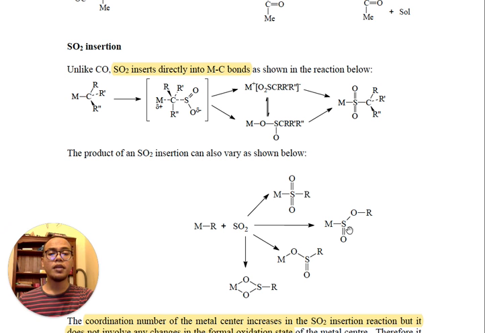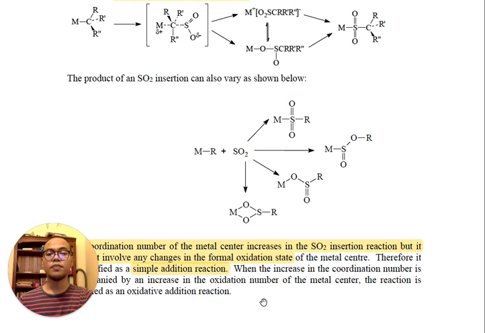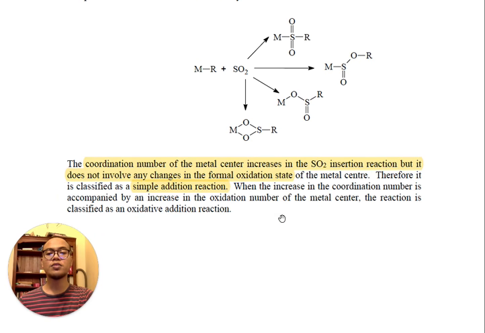Or it can be sulfur directly attached to your metal again, but now your R is not attached to sulfur but to oxygen. Or it can be oxygen directly attached to the metal, or oxygen bridging the metal and sulfur. From the structure itself, we understand that the coordination number of the metal would be higher for the complex.